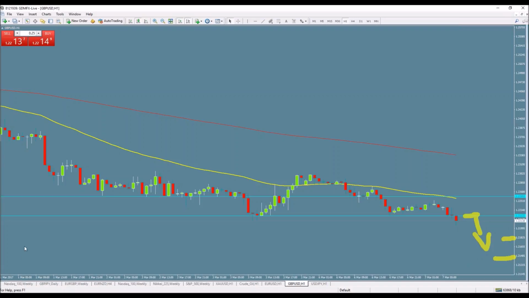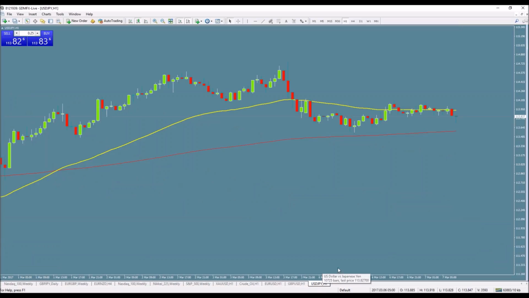However, another instrument that would be traded today mostly by traders is the gold price, gold as a commodity. Before we get into the chart of gold, let's have a look at the yen and the dollar.